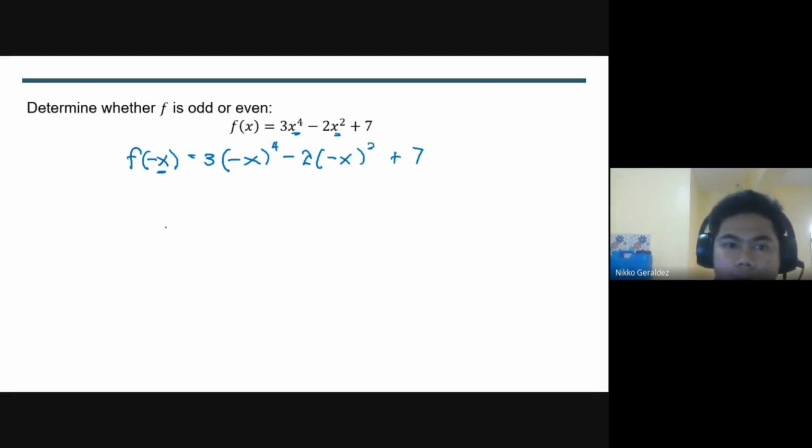Simplify. Negative x raised to 4 is positive x raised to 4, times 3, so 3x raised to 4. Negative x squared is positive x squared, times negative 2, so negative 2x squared, and plus 7.